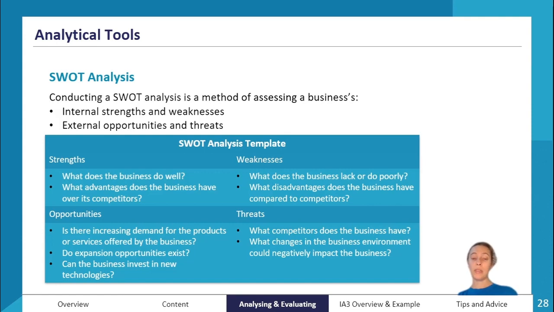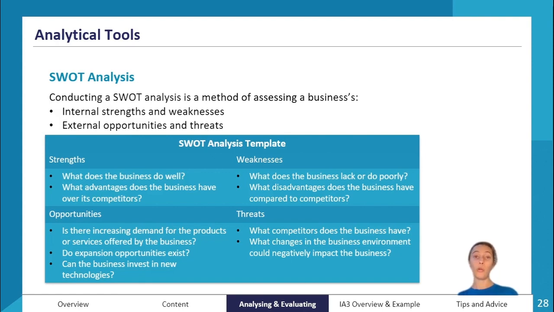And threats, you're always thinking about competitors here. What competitors does the business have? What are they doing? Where are we positioned as opposed to them? But then, in addition to competitors, also just those macro environmental factors. So, what changes in the business environment could negatively impact the business? And again, looking at that steeple analysis acronym, those factors are what you would be considering there.